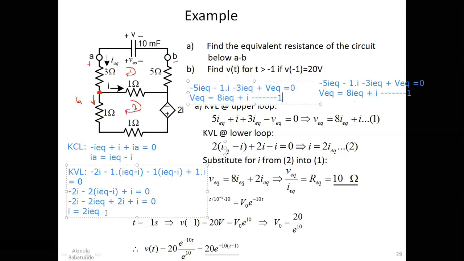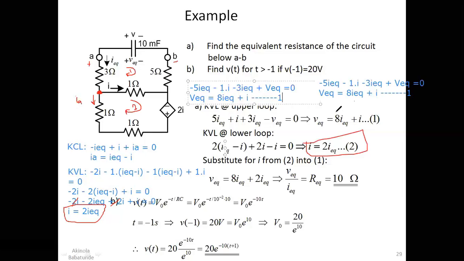If you rearrange, this is exactly what you're going to obtain, because eventually this minus 2I will cancel this 2I here. So you're left with just I, and if you take minus 2IEQ to the other side, you're left with minus I equal to 2IEQ, which is exactly what we obtained here as equation 2.